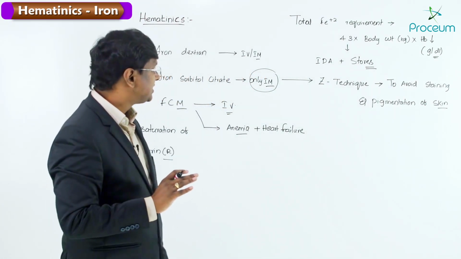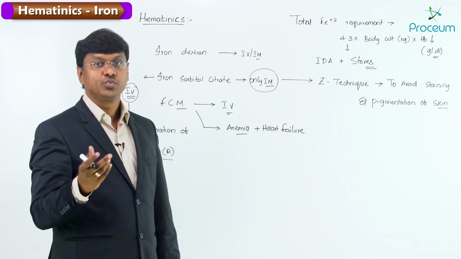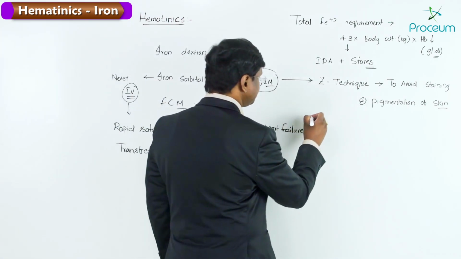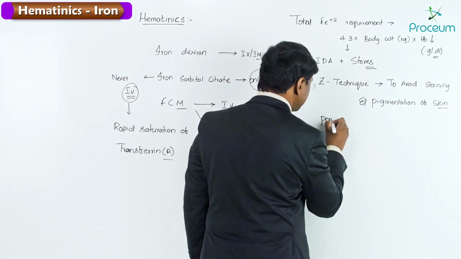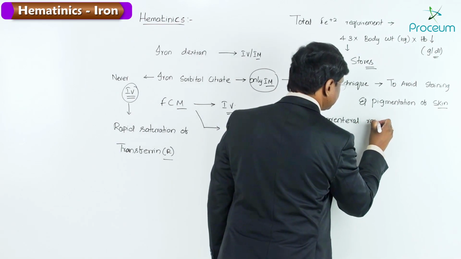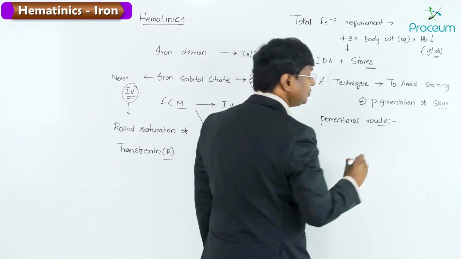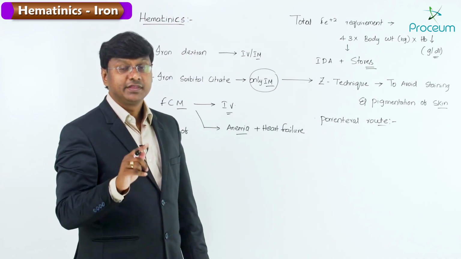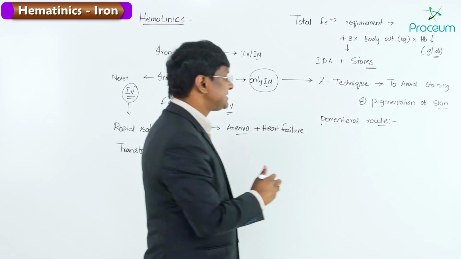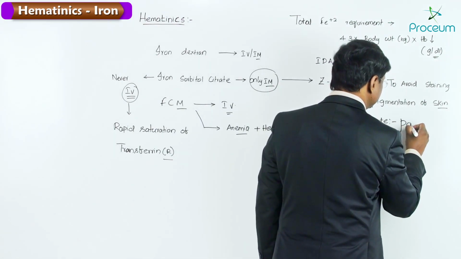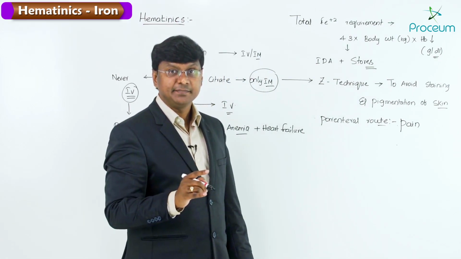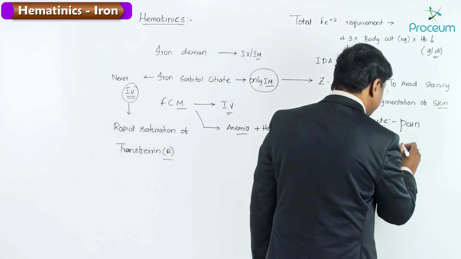Now, what are the major problems with the parenteral route? Whenever you are giving drugs through the parenteral route, the major problems are pain at the injection site, and the second important thing is pigmentation of the skin.